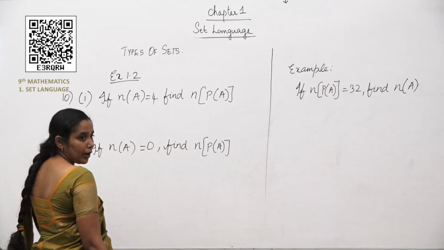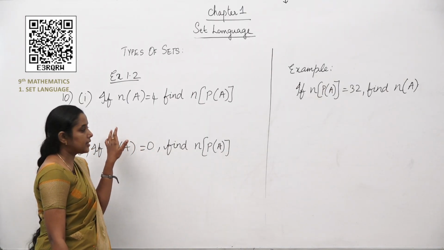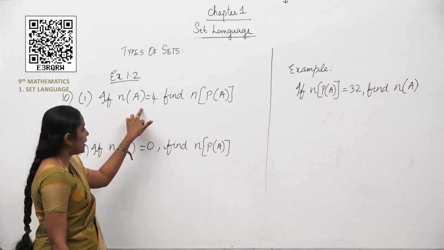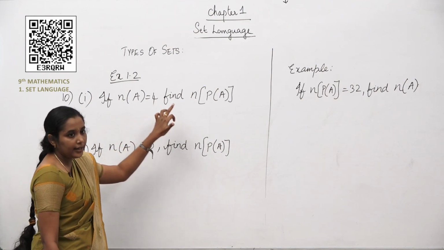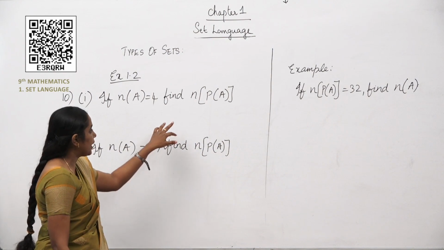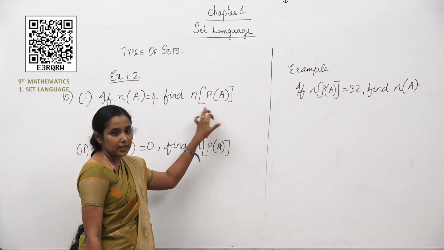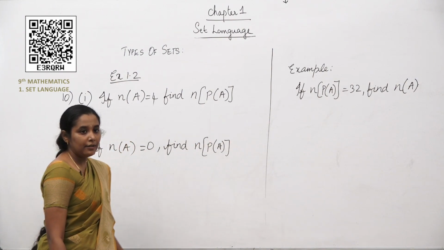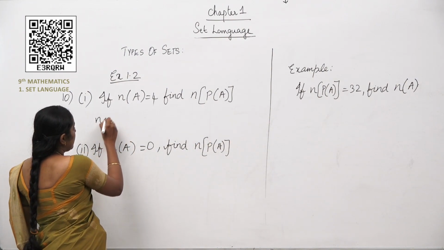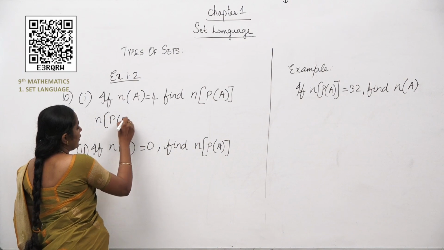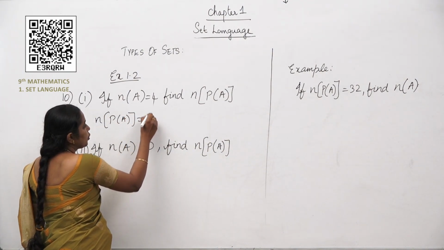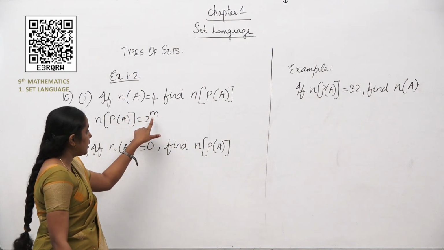So in exercise 1.2, we will see the 10th sum, that is if n of A is equal to 4, find n of P of A. So n of P of A means number of elements in the power set. So what is n of P of A? n of P of A is equal to 2 to the power m. So this m denotes what?